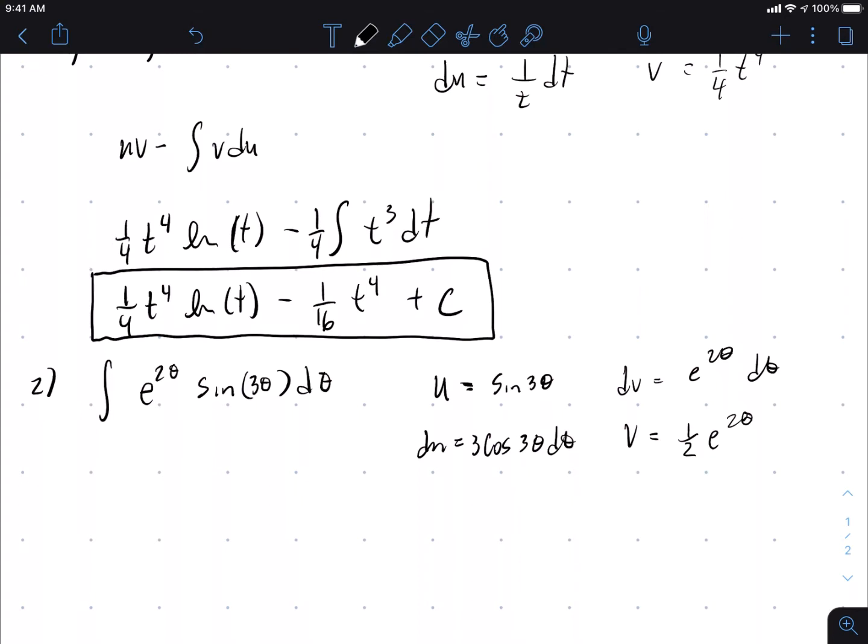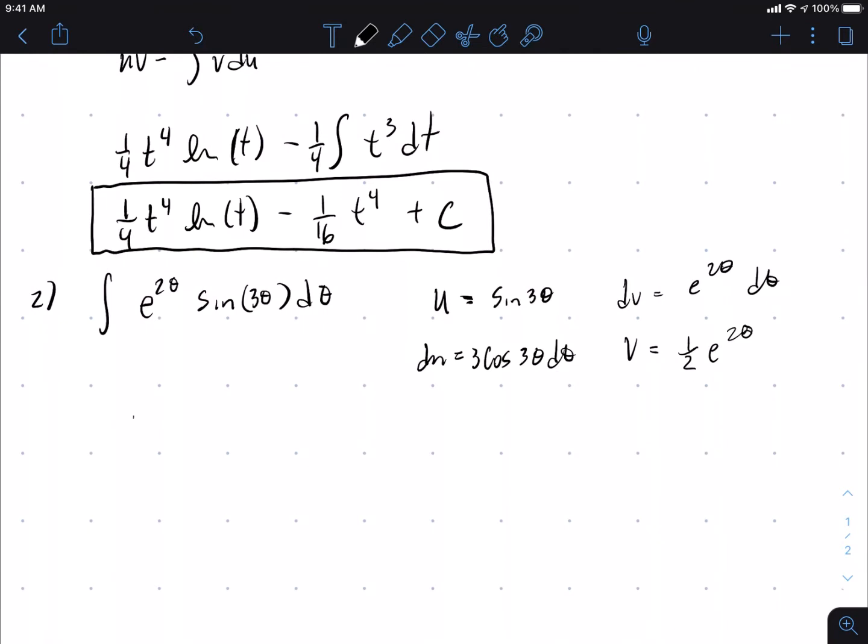Okay. So then from here, again, I'm just going to write the rule for all of you. uv minus the integral of v du. I'm going to get u times v, so that's going to give me 1/2 e to the 2 theta sine 3 theta, minus the integral of v du.